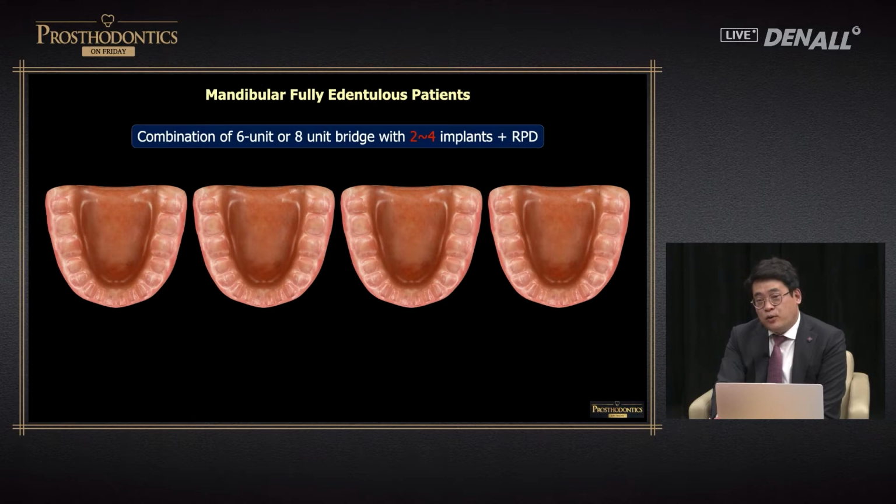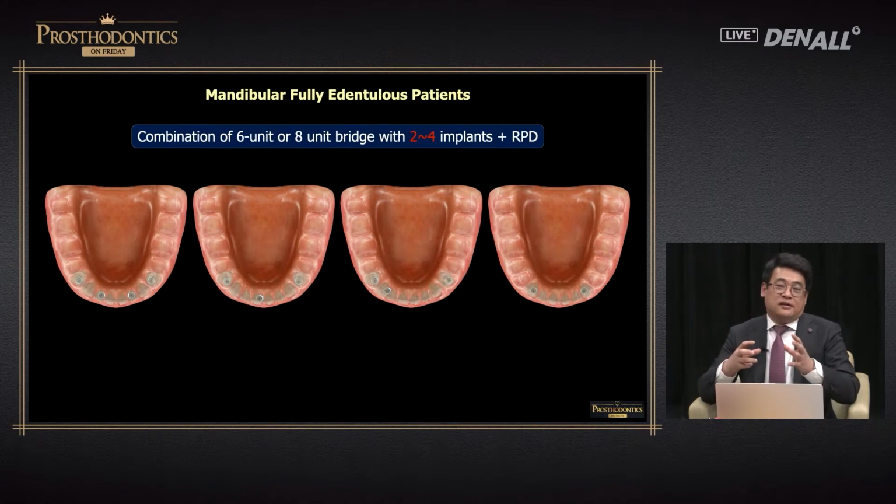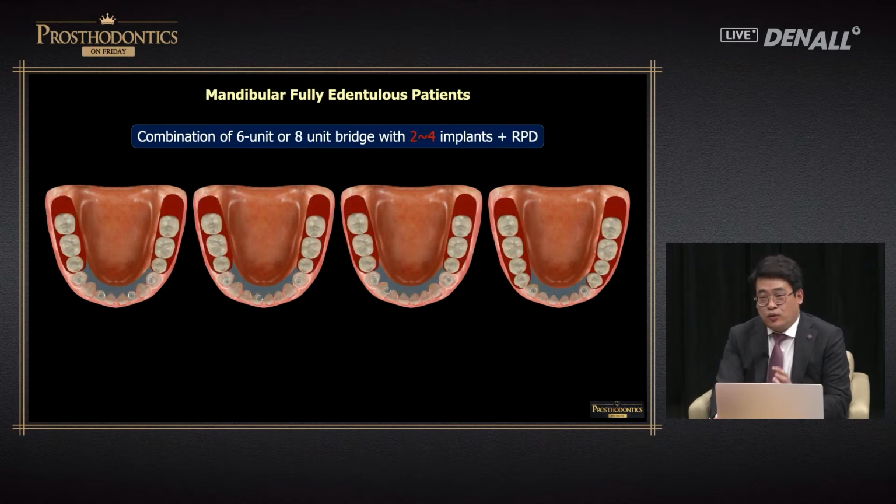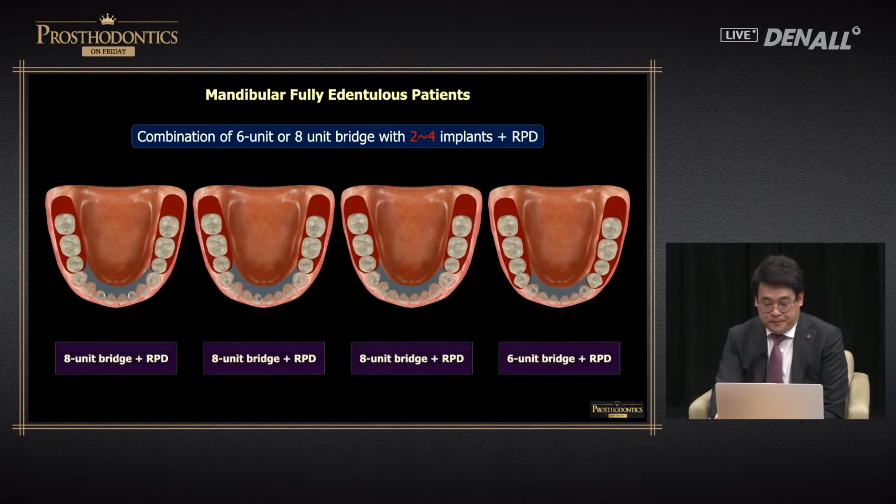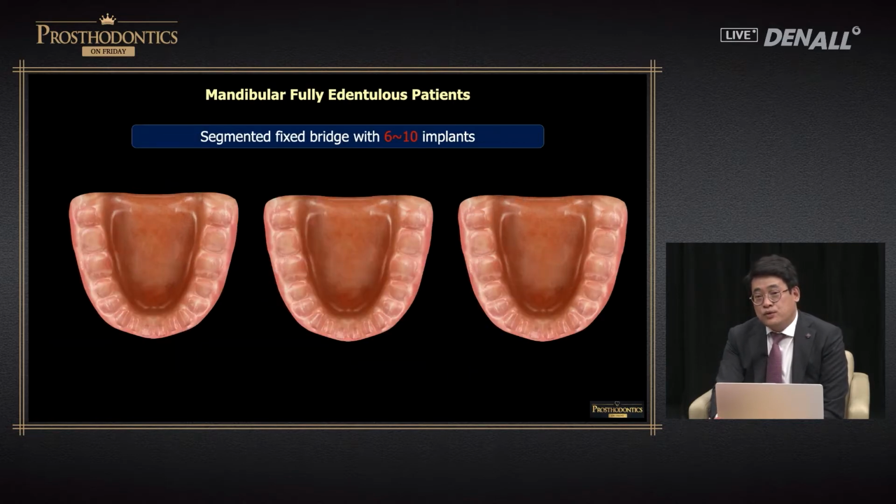In doing fixed prosthesis for the lower, before we go into it, we can provide this kind of design using a few implants to provide fixed prosthesis in the anterior surveyed crown, and in the posterior you can provide RPD. I've talked about multiple treatment options. In order to provide fixed implant prosthesis in the lower, the minimum implant that is required is 6.